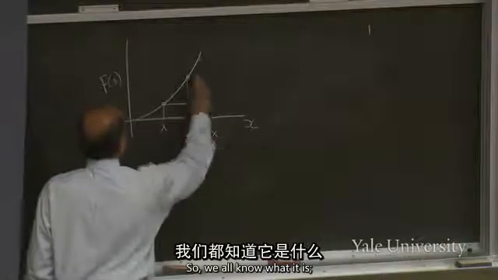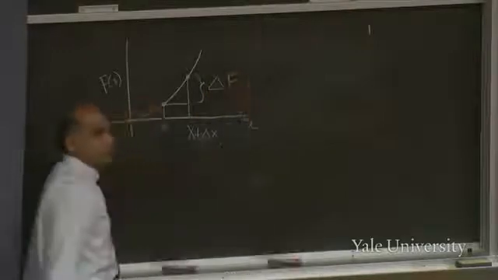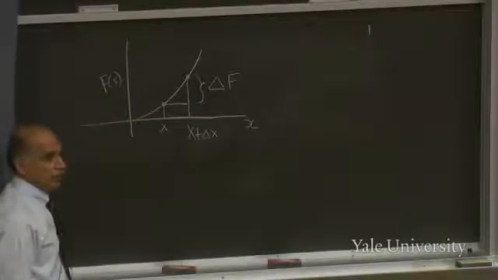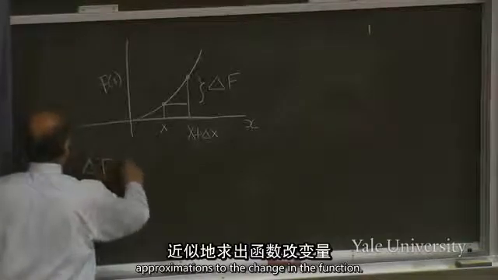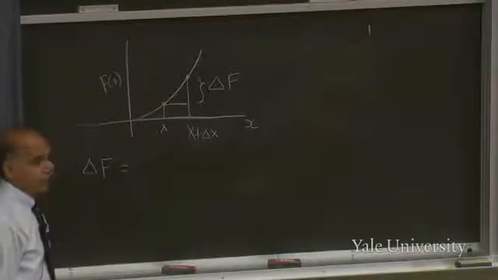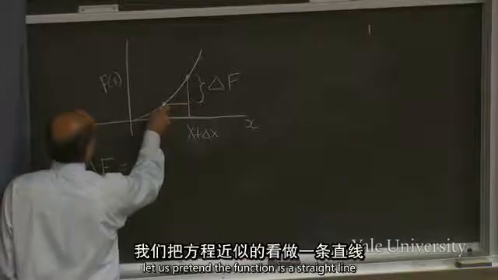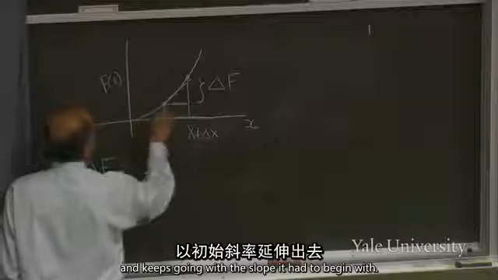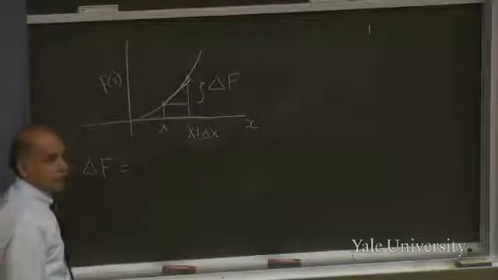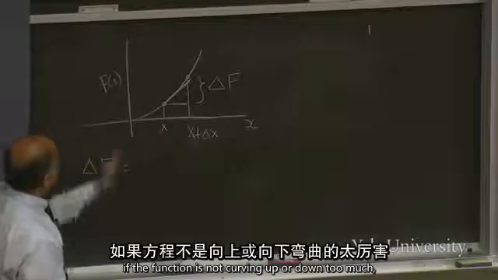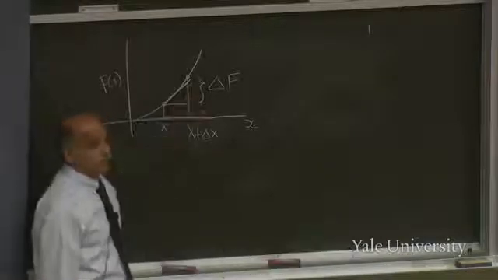So we all know what it is. That is the change in the function. We are going to need approximations to the change in the function. A useful approximation is to say, let's pretend the function is a straight line and keeps going with the slope it had to begin with. You can see that if the function is not curving up or down too much, you almost got the right change in f.